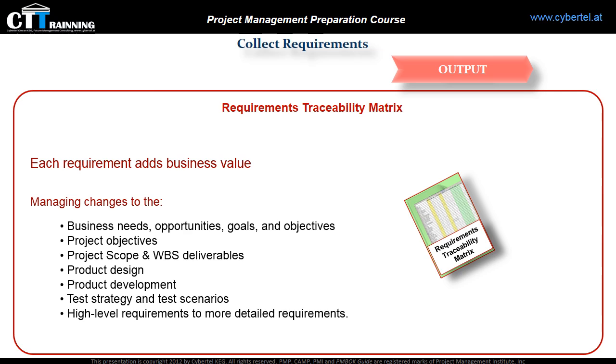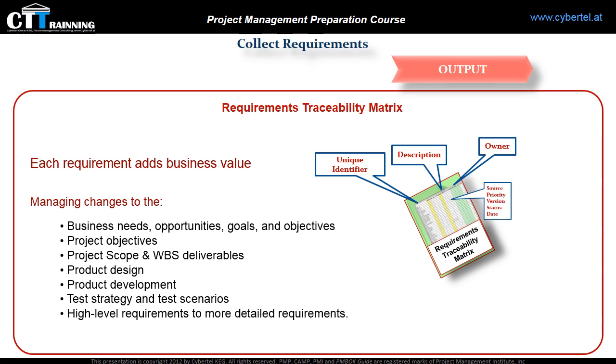These attributes help to define key information about the requirements. It's the same as a log file for the requirements. It includes attributes such as unique identifier, a short description of the requirements, the owner, source, priority, version, current status and date. You may add attributes that meet stakeholder satisfaction, including stability, complexity, and acceptance criteria.